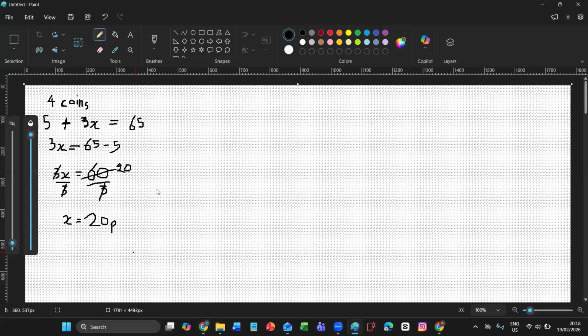5x equals 60. So that means x will be equal to what? Divide both sides by 5, right? And that will be 12. Yes.